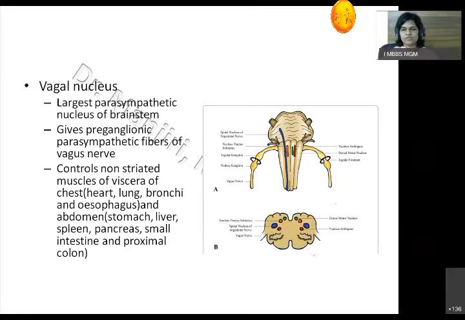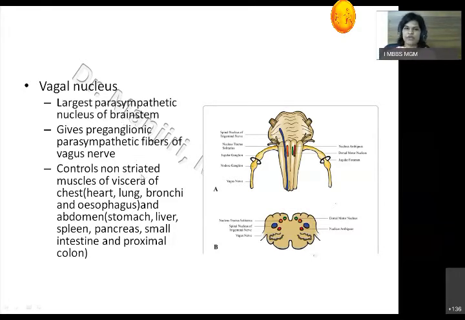Now the next nucleus, which was anteromedial to the tractus solitarius, was the vagal nucleus. In the diagram, you are able to see, on the internal structure, this is the vagal nucleus. You are also able to see in the upper part the nucleus ambiguus, which is a motor nucleus. The vagal nucleus is the largest parasympathetic nucleus.